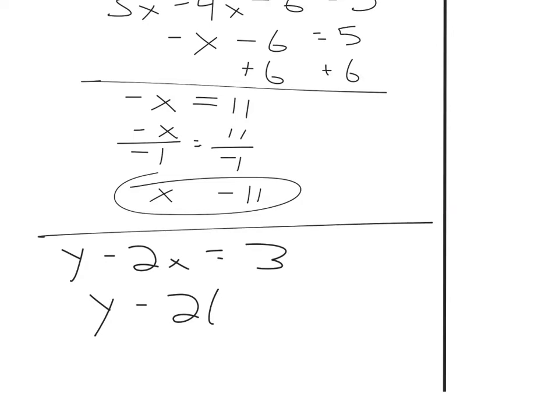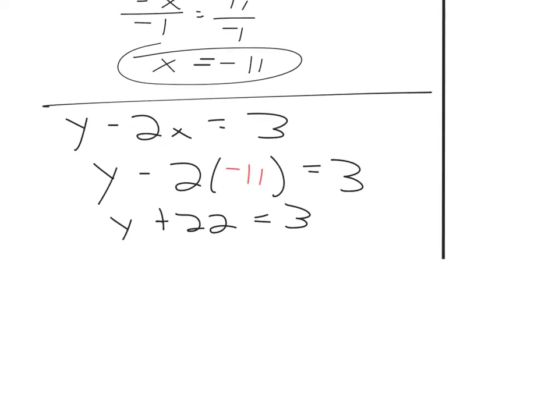Sorry about that. So x is equal to negative 11, and I just want to use that when I'm subbing in, equals 3, and now we can say negative 2 times negative 11 is plus 22 equals 3.